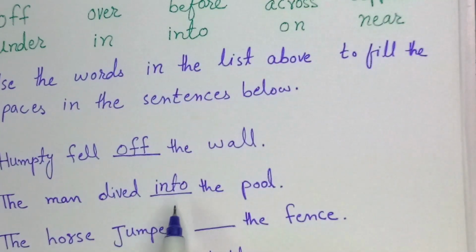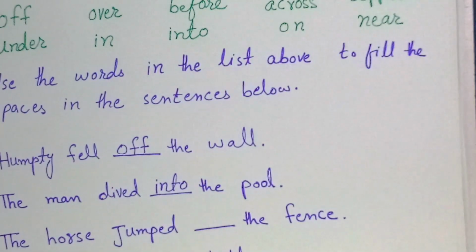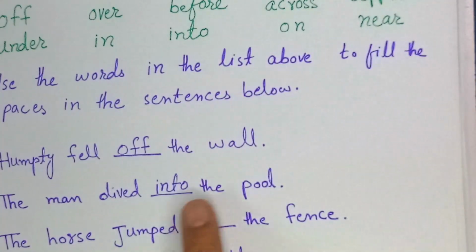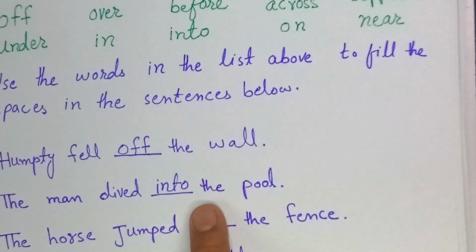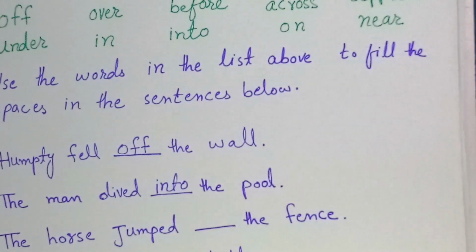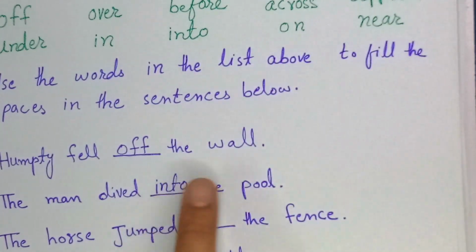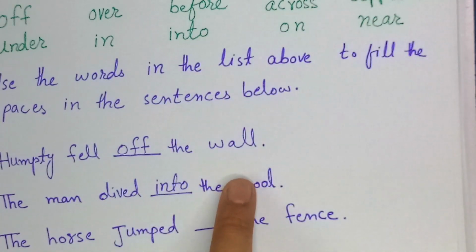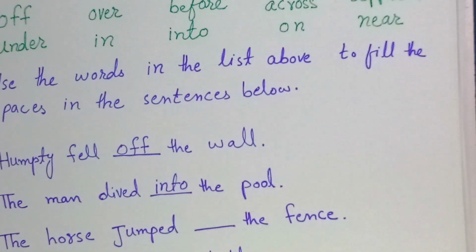Now here into shows what something is inside or into within something, movement of something. Like we have an example, he threw the letter into the fire. So you can use into here.